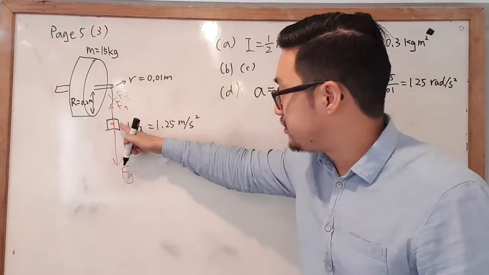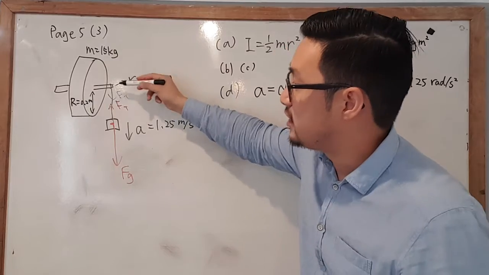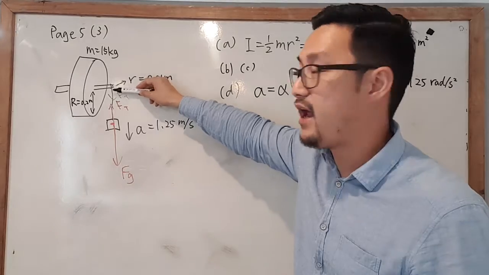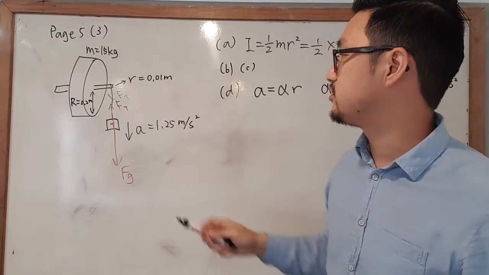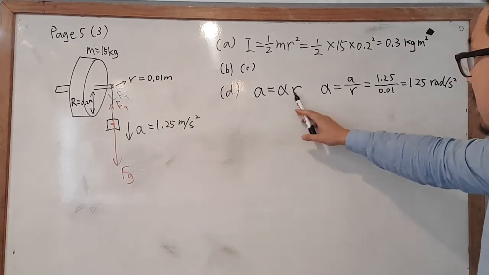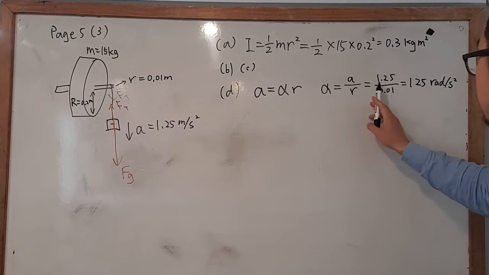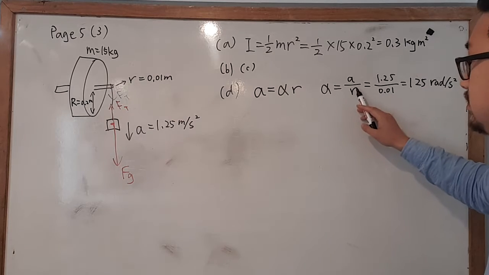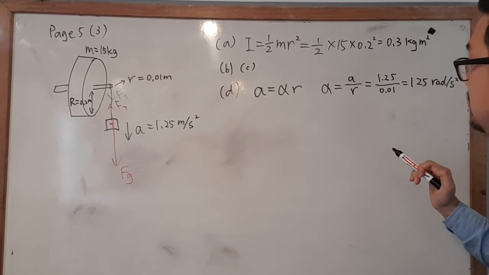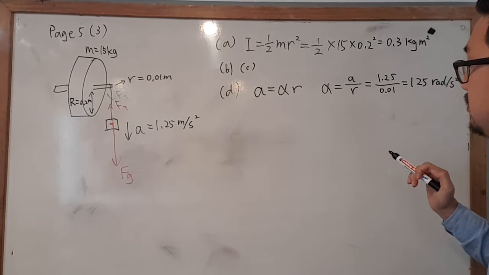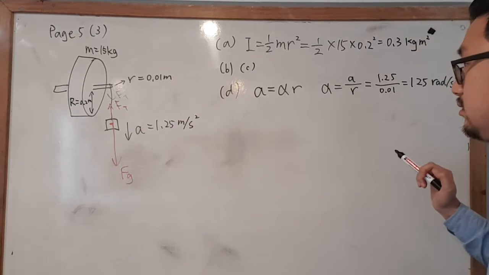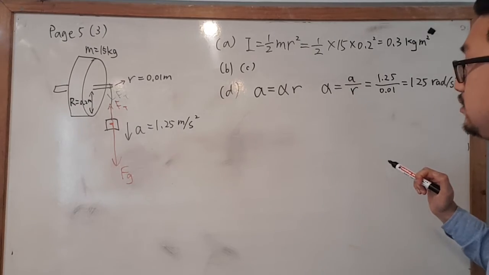That's because the object's linear speed equals the linear speed of this rotating axle, which can be turned into rotational speed. Let me see, did I write it right? a equals alpha r, alpha equals a divided by r.